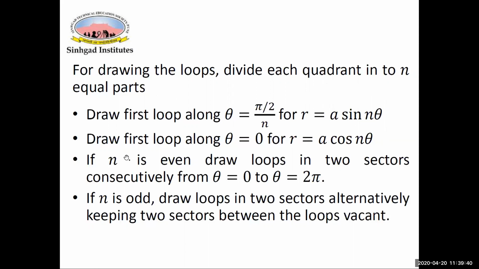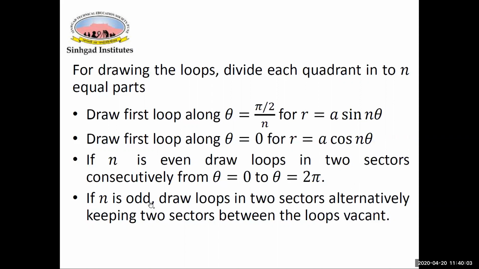Again, it will depend on the nature of n, whether n is even or n is odd. If n is even, you have to draw the loops in consecutive sectors without keeping any gaps between 0 to 2 pi. This is the case when n is even.